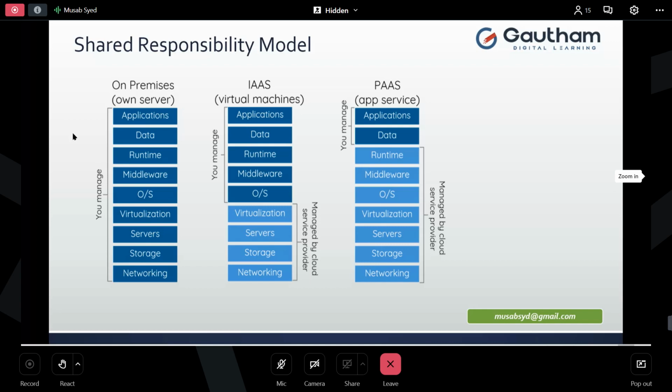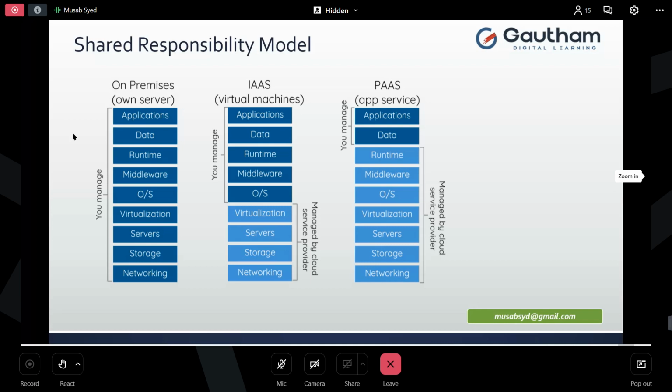You say which environment you want, Python, I'll give you Python. You just do coding. You want Golang, I'll give you Golang. Somebody wants Java, I'll give Java. The developer will simply take their environment, start writing the code and create the application. This is called platform as a service, like we use GitHub and other concepts.